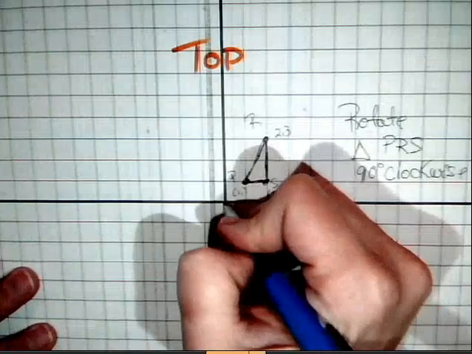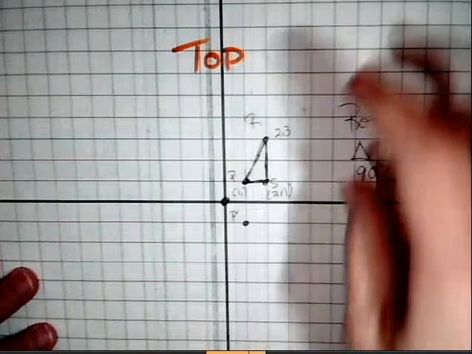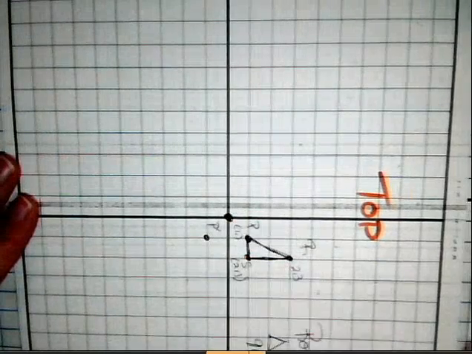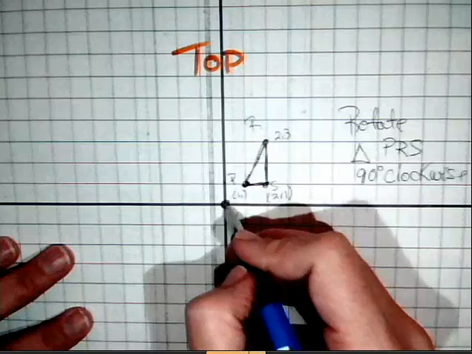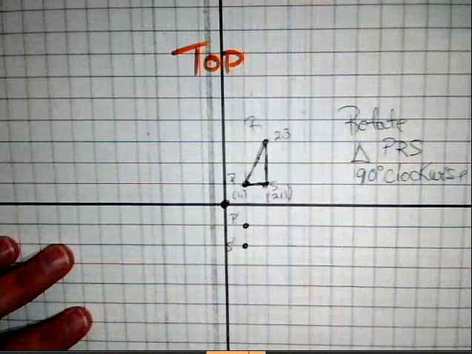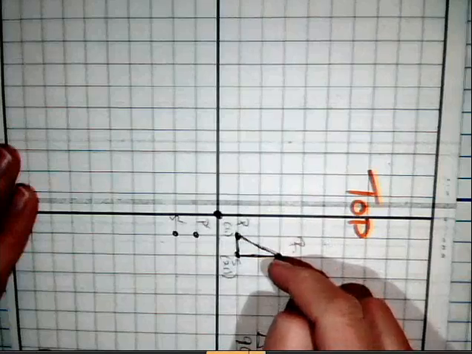Now, all these rotations have been done about the center, or the origin. Now we're going to do the same thing for S. Let's read S. So right 1, down 2 for S. So right 1, down 2, there's my S prime. And then R prime was right 1, 2, 3, down 2.